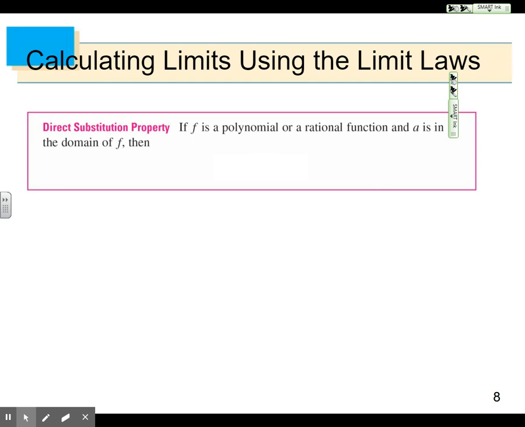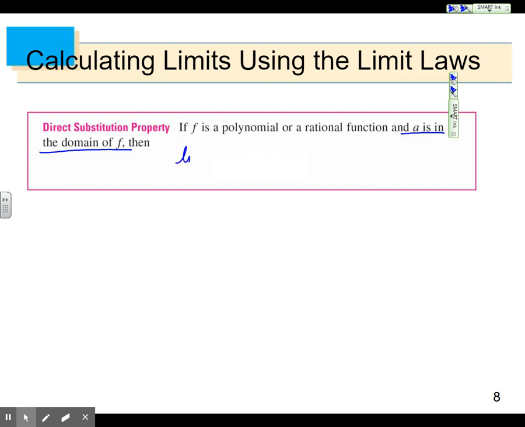It says that if we have a polynomial, which we did 2 examples ago, or if we have a rational function, which you just had on the last example that you worked, and A is in the domain, that's the kicker right there, A is in the domain of F, then yes, you are correct.